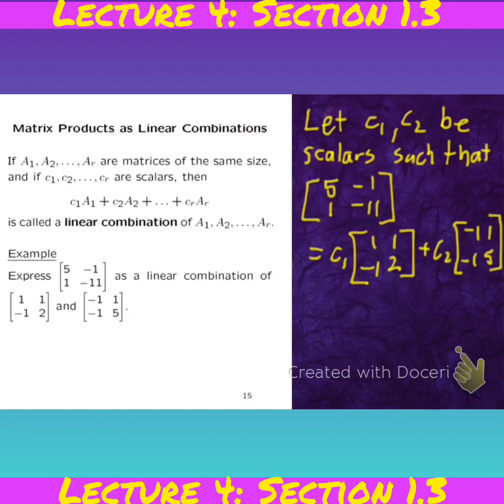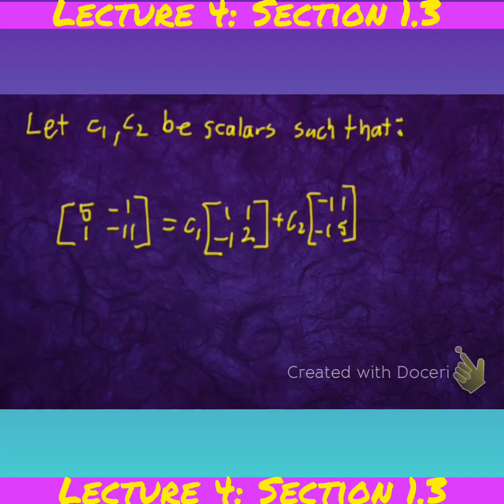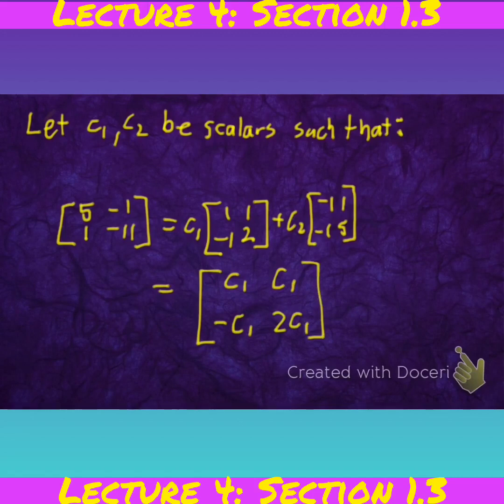That matrix equation. Okay, so the right-hand side becomes basically scalar multiplication. So we know how that works. That's C1, C1, minus C1, 2C1. And the other one is minus C2, C2, minus C2, and 5C2.